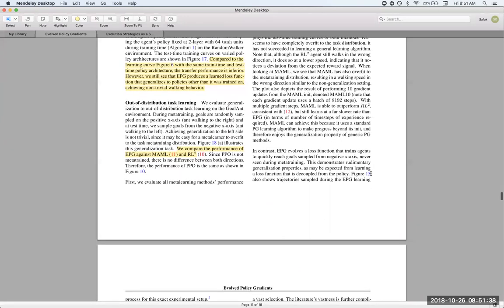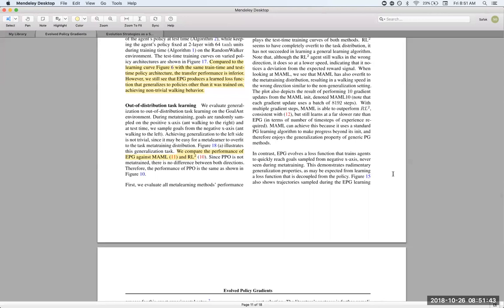So, yeah, it seems that the EPG, evolved policy gradient, still has many limitations. It's effective to sum up the discussion, my presentation.